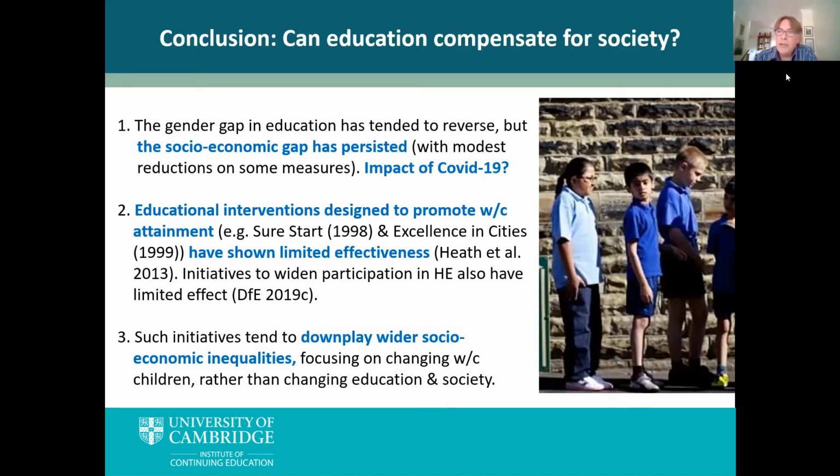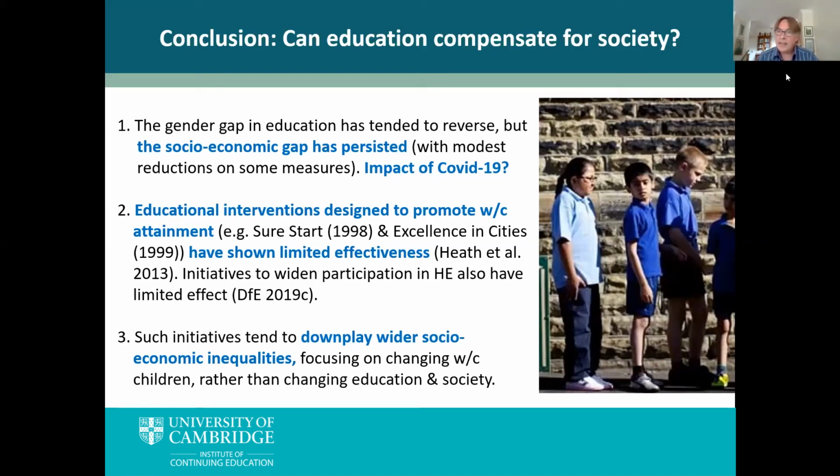And one of the concerns I have about this is that successive governments have tended to use piecemeal policies, the pupil premium, Sure Start. And as I said earlier, I think policies to tackle socioeconomic inequality need to be much more rounded, much more holistic.